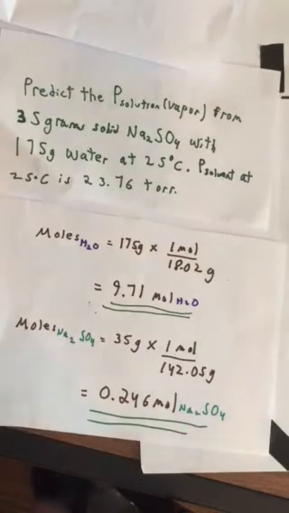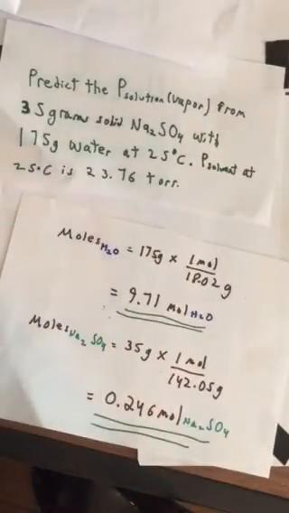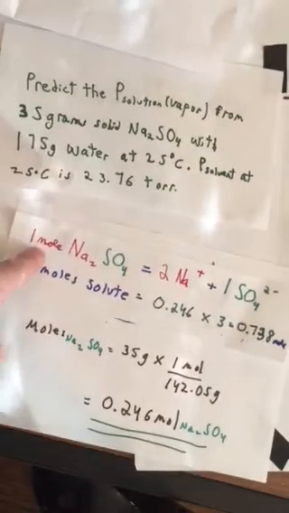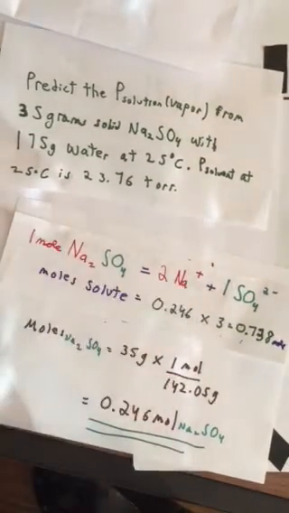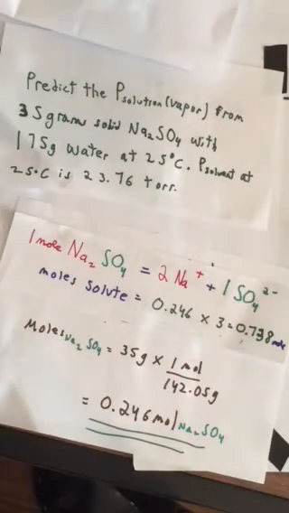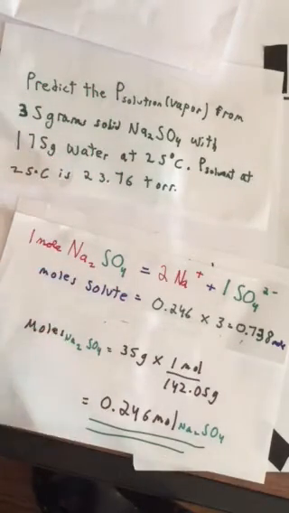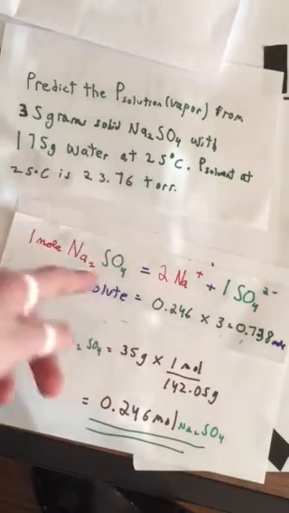Now here's where it is different and kind of tricky. This is ionic. This is made of ions. Na is a positive ion. It's on the left side of the periodic table. SO4 is a polyatomic ion. There's a list of polyatomic ions that are pretty tough to remember, but SO4 is a compound in itself.